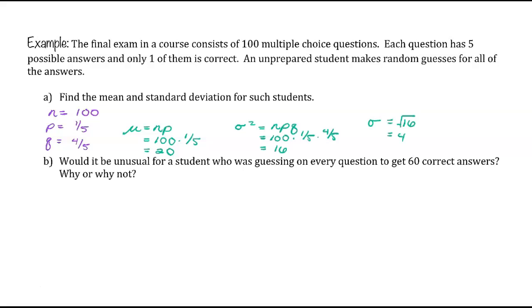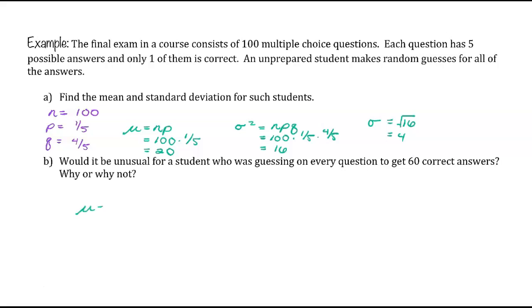Now that we have the mean and the standard deviation, we can determine if it would be unusual for a student who is guessing on every question to get 60 correct answers. In order to answer this question, let's first find out what would be considered usual and see if 60 is outside of those bounds.